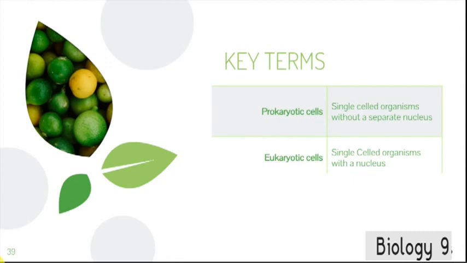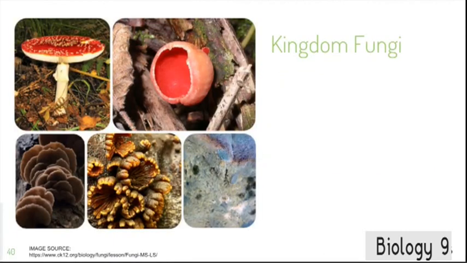So the protists do have a nucleus, they're eukaryotic, and the bacteria, or the Monera, do not have a nucleus, and they are known as prokaryotic, before the nucleus.